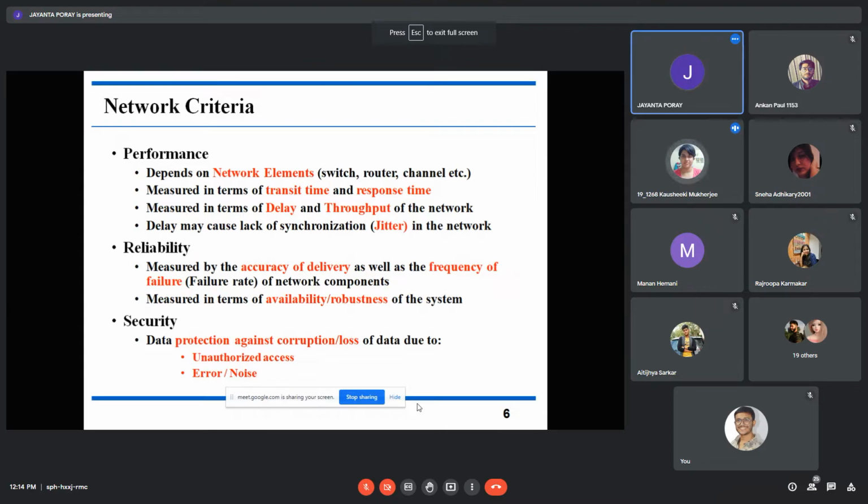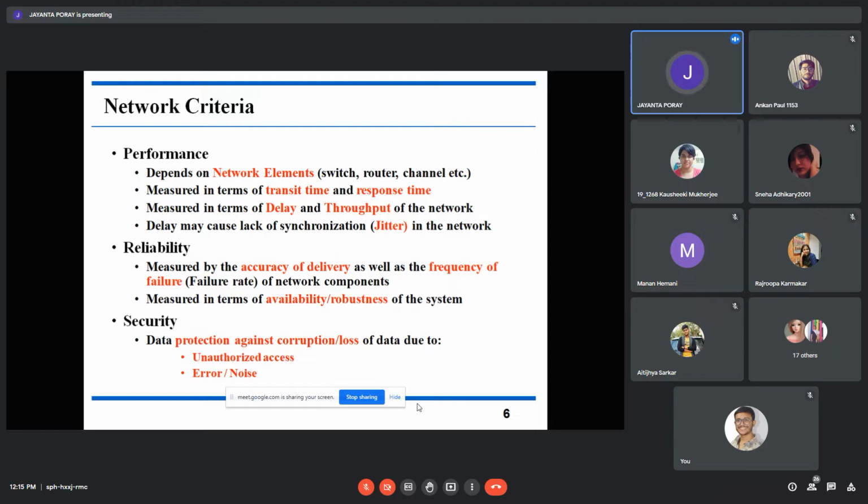Yes, Kaushiki. Sir, when you are speaking about this acknowledgement frame, to whom are we sending the acknowledgement frame in piggybacking? The receiver is sending this acknowledgement frame in piggybacking, along with the original frame he intended to send to the sender, because there we are considering full duplex data flow.